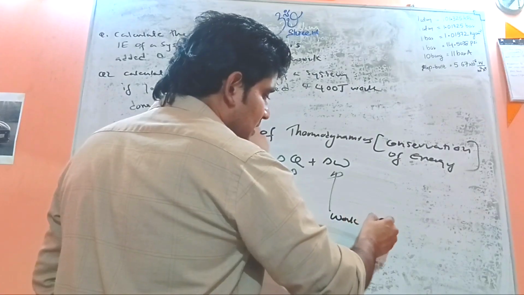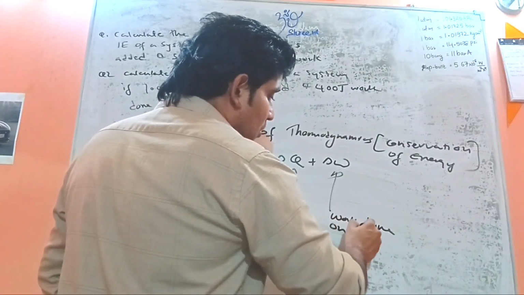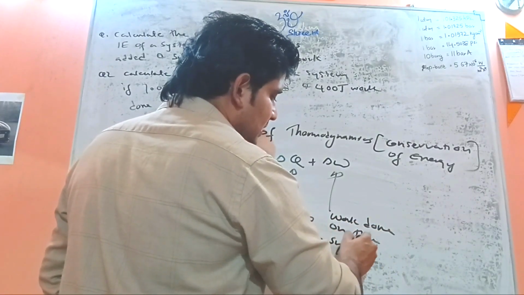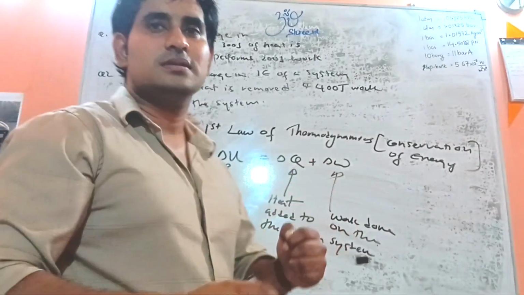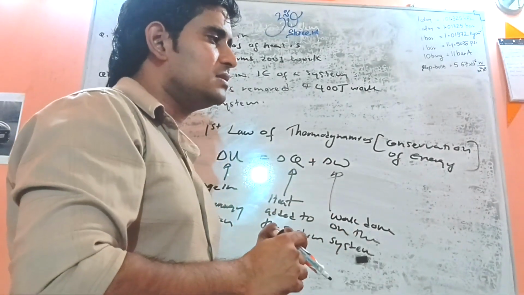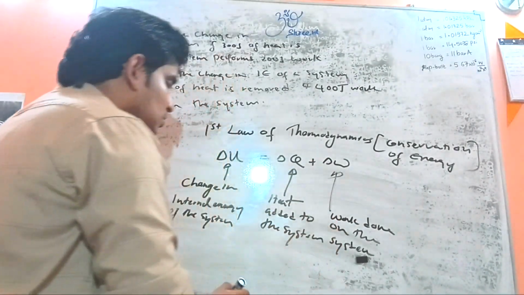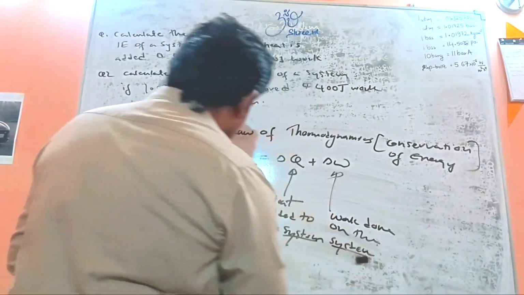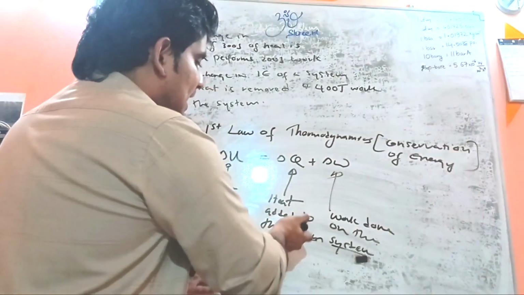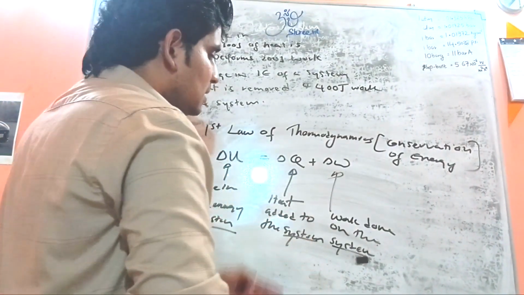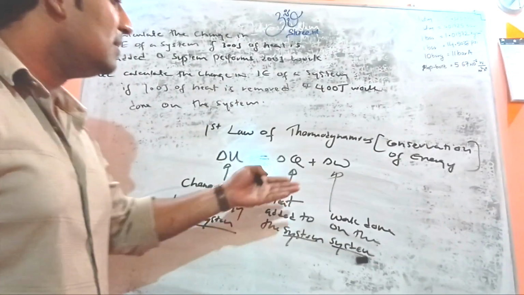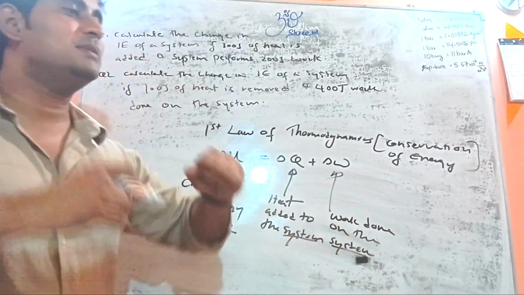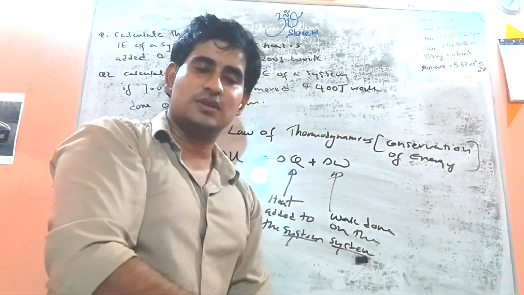Work done on the system, right? So here you have to give a special consideration, or in other words, a special attention to the term system. Delta Q, heat added to the system, work done on the system. Or in other words, we can say the work that has been provided to the system, alright?